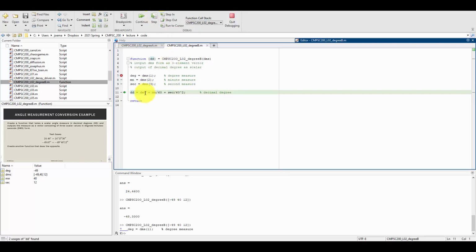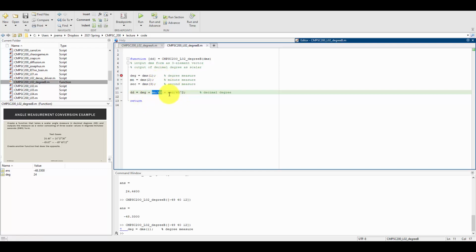But when I'm doing this calculation now, I'm doing negative 49 plus a positive 40 over 60 plus a positive 12 over 3600, and it's coming out not negative enough because the negative sign was only on the degrees. So really this term, the mn in this calculation as I'm doing it, should be negative.